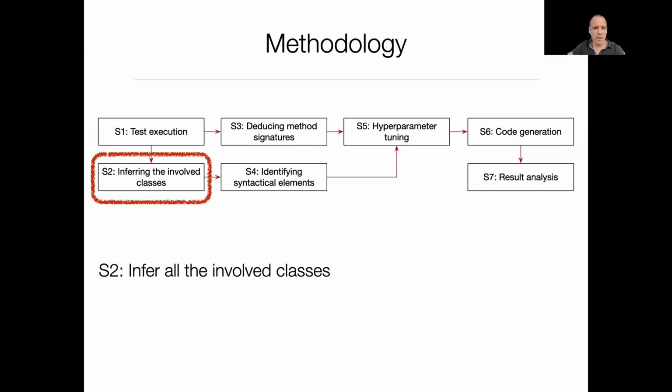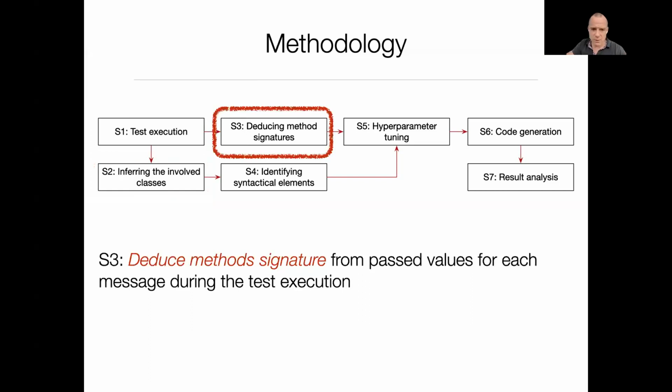Once we have run the unit tests and we have some information about the execution, we can infer what classes are involved in the application. Understanding which libraries the application is calling is the first step: what are the classes that might be involved in the overall execution. Then we can deduce the method signatures from all the values that are passed around.